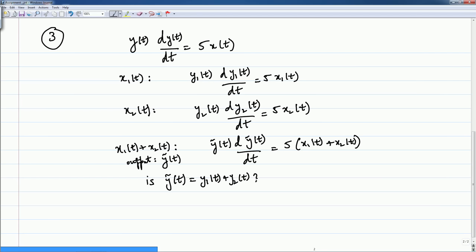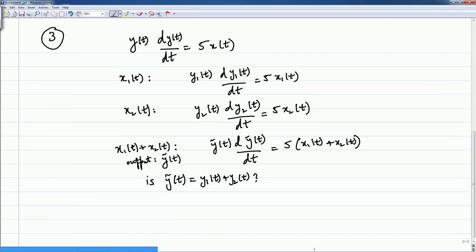If we can show in general y tilde of t is equal to y1 of t plus y2 of t, then we know that the system is additive. The input output relationship satisfies the additivity property. Now, we have to check whether this is true or not. How do you check? I know y tilde of t satisfies this equation. So, let me try and evaluate the left hand side by substituting y tilde of t equals y1 of t plus y2 of t.